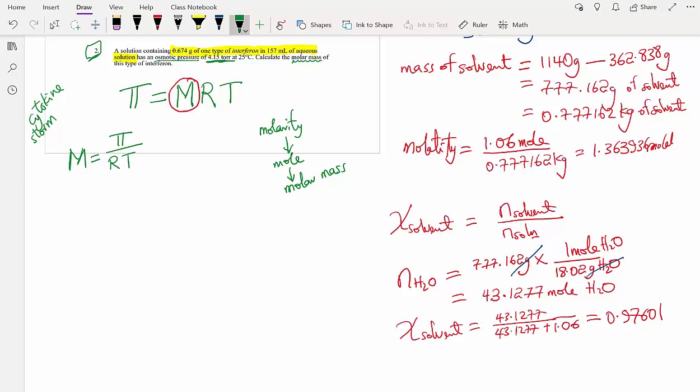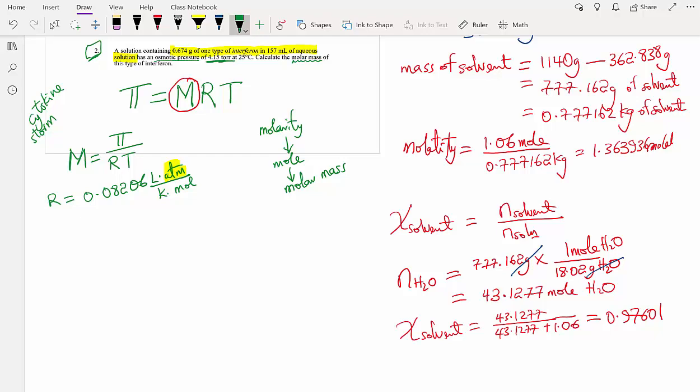However, the molar gas constant R is given as 0.08206 liter atmosphere per Kelvin per mole, and this value is always provided, which means that in this molar gas constant, the unit of the pressure must be in atmosphere. And that means we need to convert the osmotic pressure also to atmosphere.